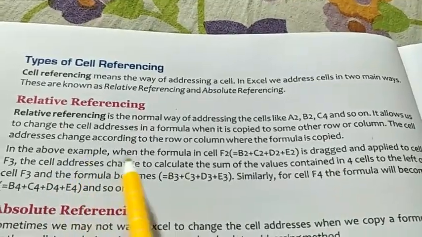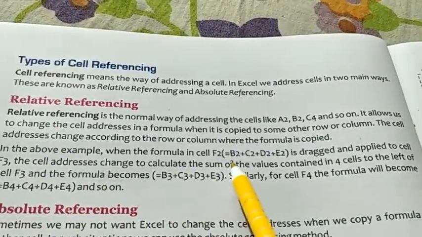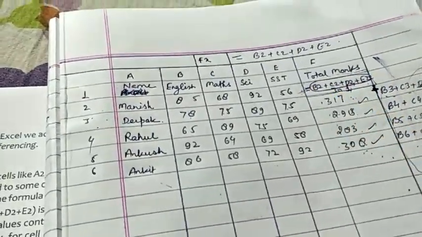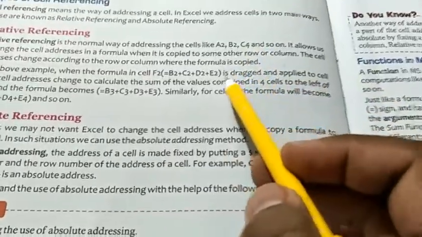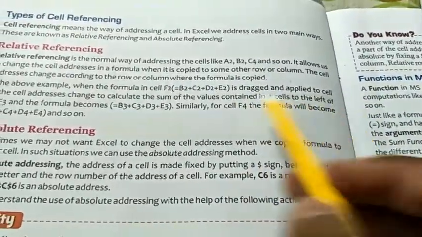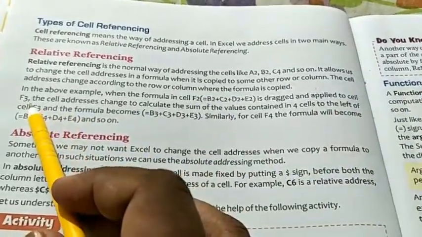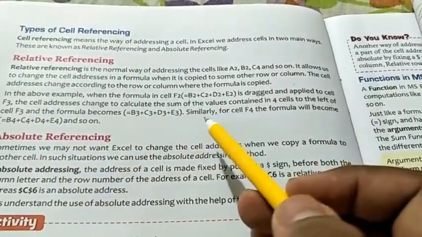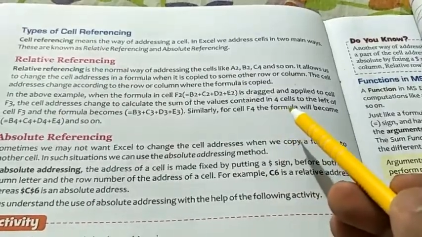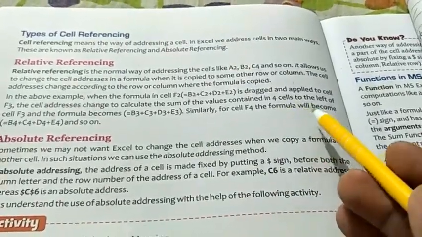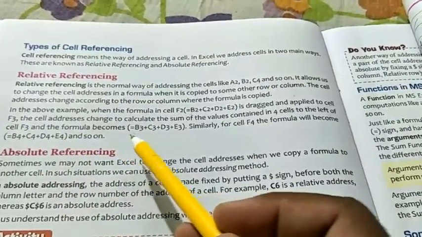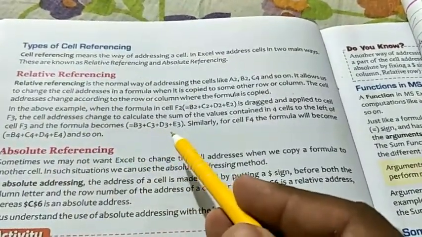In the example, when the formula in cell F2, here this one is cell F2, is dragged and applied to cell F3, the cell address changes to calculate the sum of the values contained in the 4 cells to the left of cell F3, and the formula becomes B3, C3, D3, E3.